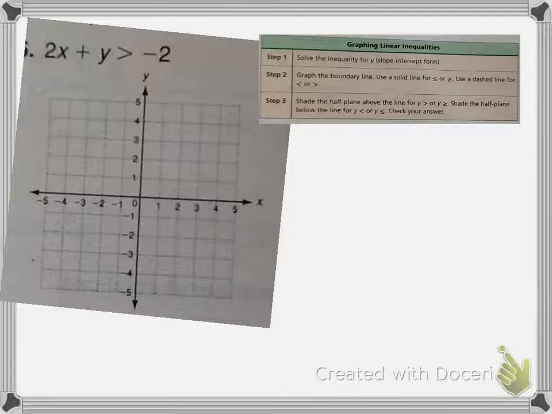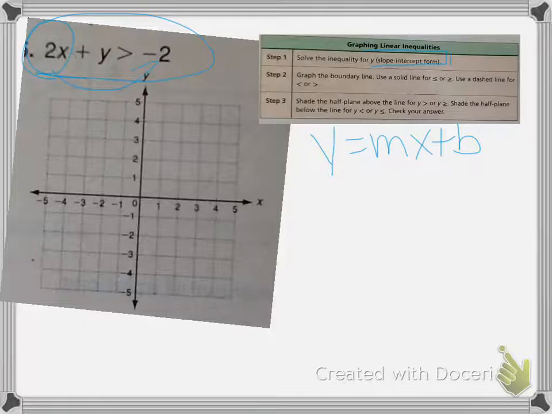So let's start with this problem. We have 2x plus y is greater than negative 2. Step 1, we're going to solve the inequality for y, meaning put it in y equals mx plus b form, that's your slope-intercept form. I need to move my 2x to the other side so that I can get y by itself.